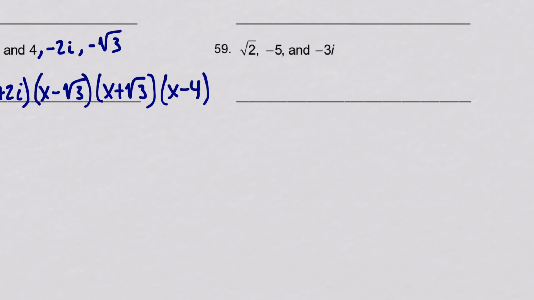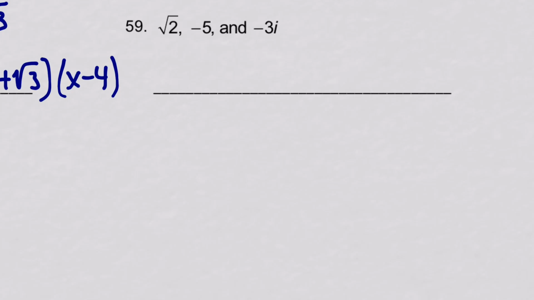Okay. And finally, 59. Once again, it's missing those factors. So radical 2, you also need negative radical 2. And negative 3i, you also need positive 3i. Therefore, your factors are x minus radical 2 and x plus radical 2.